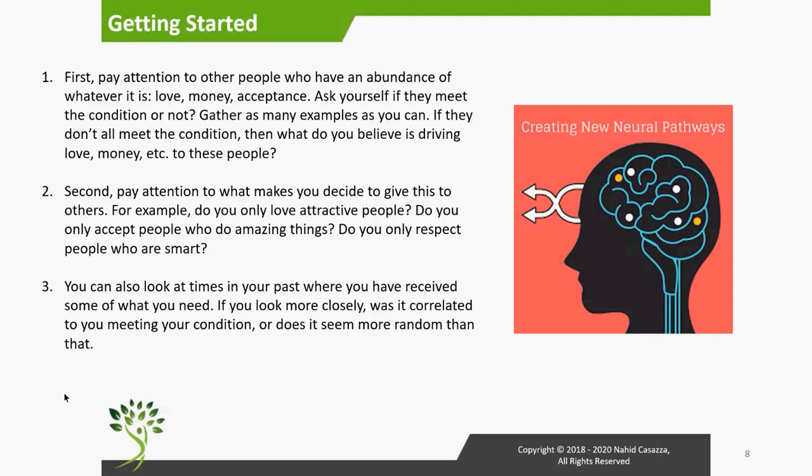The first is to pay attention to other people who have an abundance of whatever it is. So we'll take our example, people who are very valued in the world, okay? Let's come up with some people that are very valued in the world. Are they valued in the world only because they look like a success? And if it seems yes to you, then see if there are any exceptions.